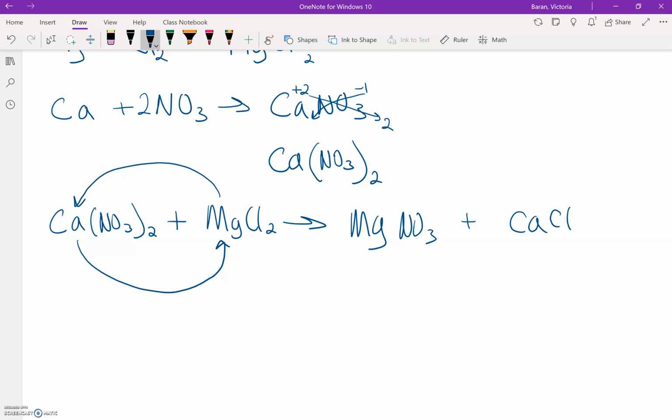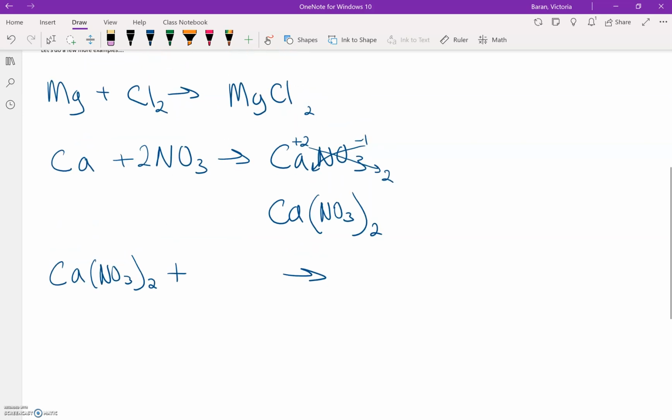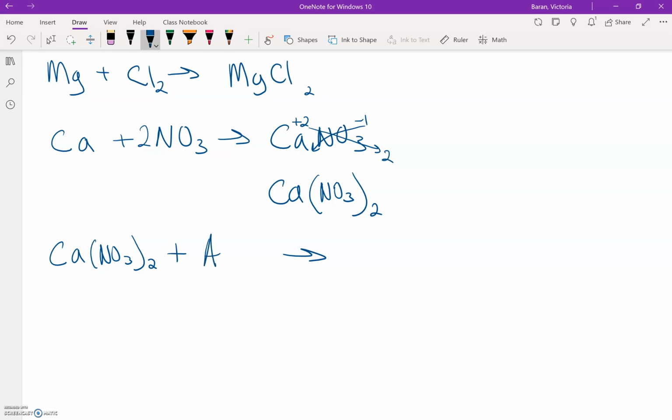Actually, I'm going to do a little bit different of an example here, just so you could see some differences. So instead, I'm going to use aluminum, and I'm going to use a hydroxide. Okay, we're going to do this instead, so that we're going to do a double replacement. So we're going to switch the first element in the compound with each other.